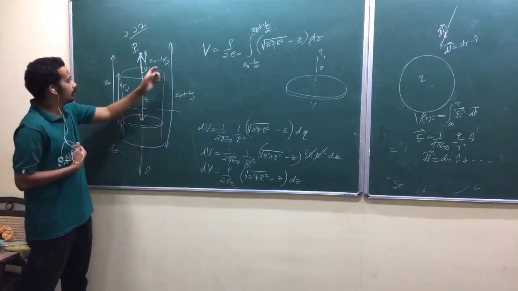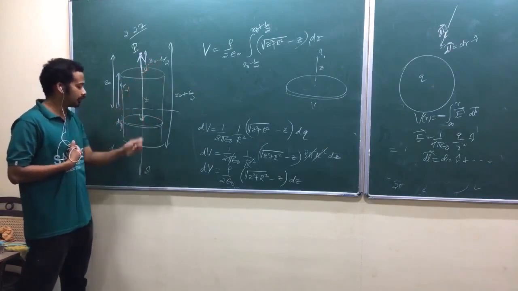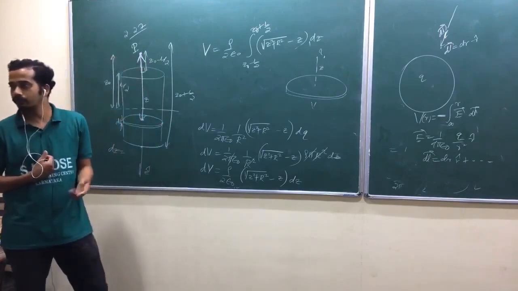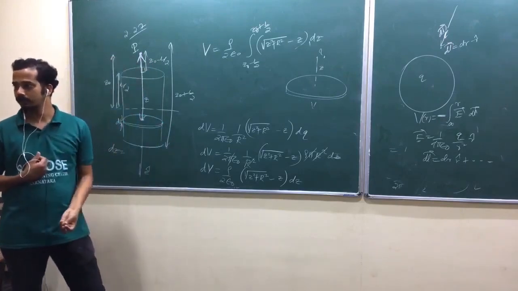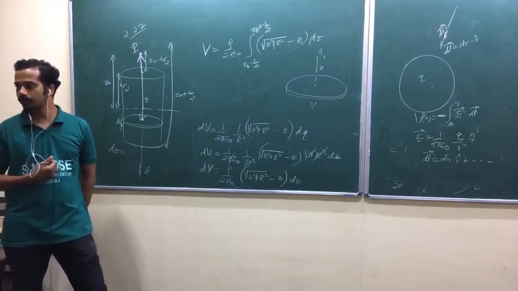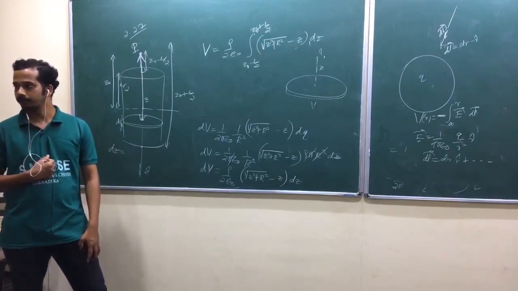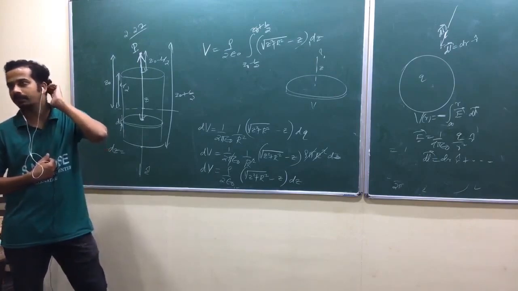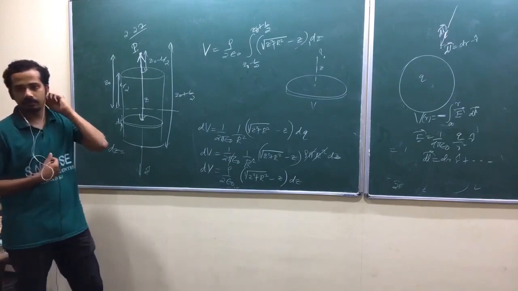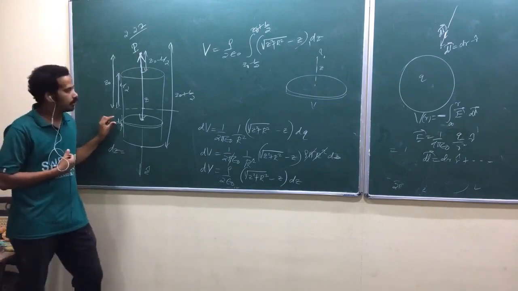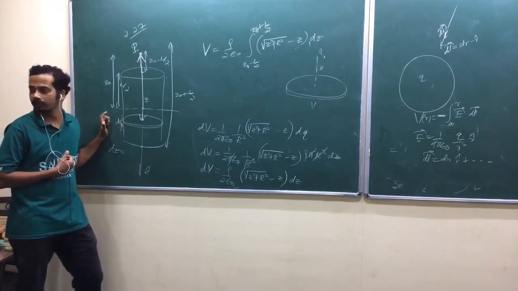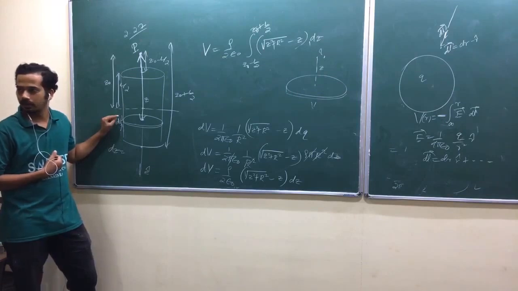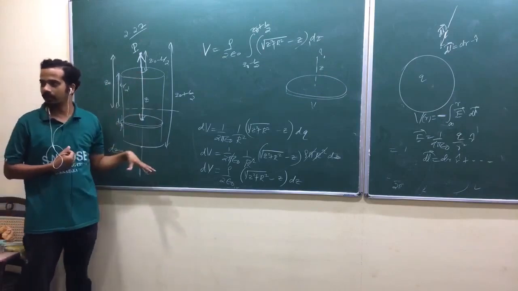That's why if you integrate from z0 minus L by 2 to z0 plus L by 2 in the increasing value of z, then you don't have to take dz negative again. dz will not introduce any more sign. Or better to start with the basic definition of integration. Suppose you are finding a volume. We are going to put dz, or z2 minus z1, into this area and add them up, am I right?